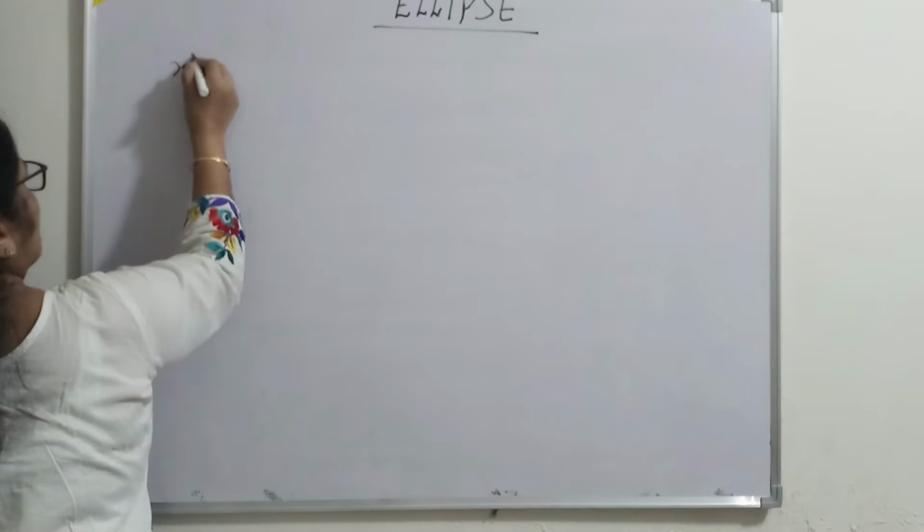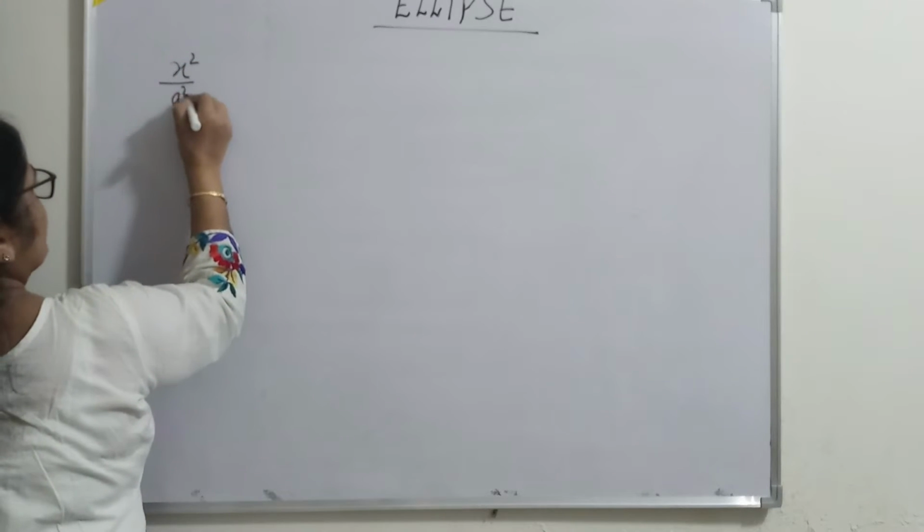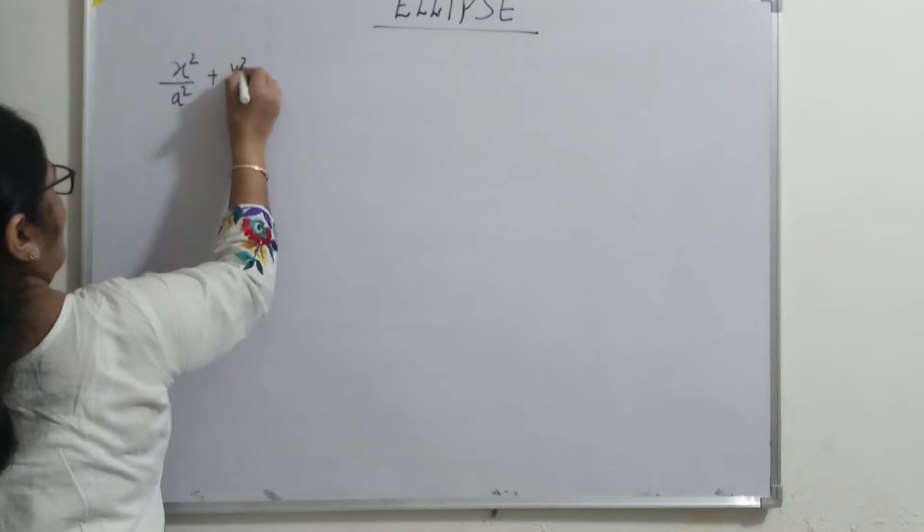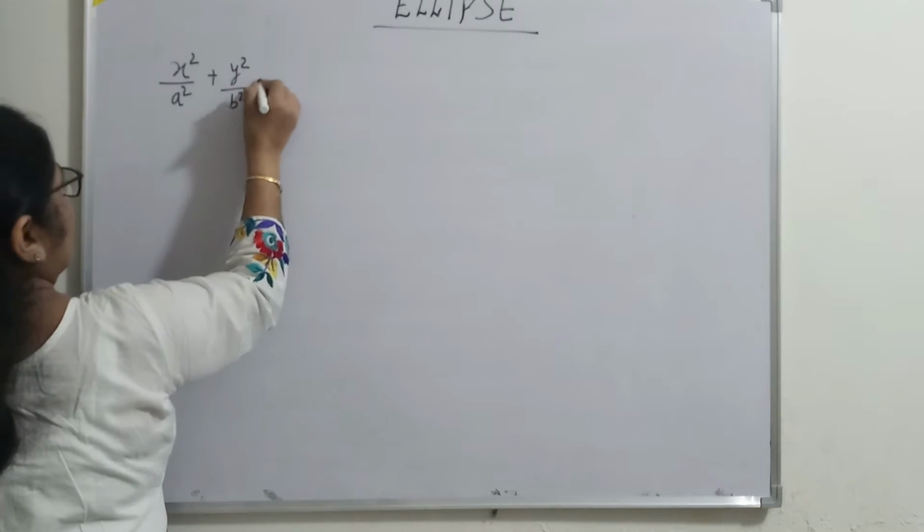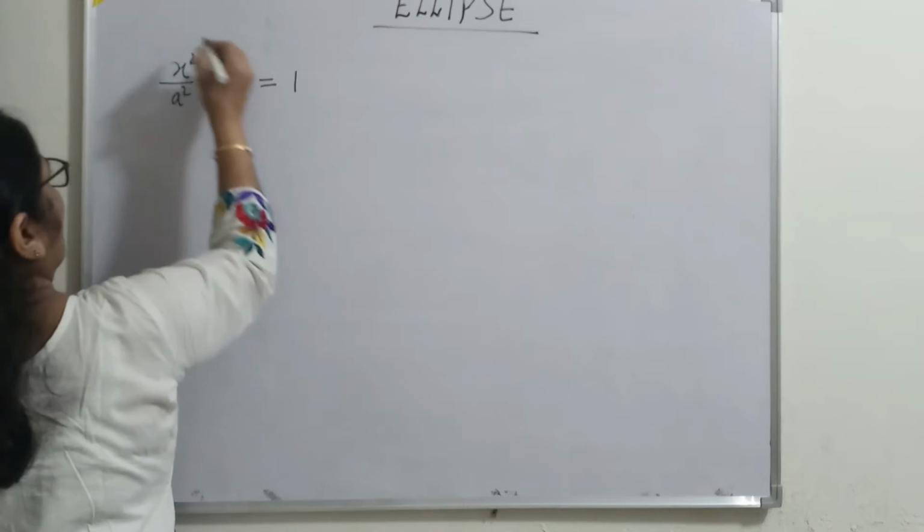The standard equation of an ellipse is x square upon a square plus y square upon b square is equal to 1.